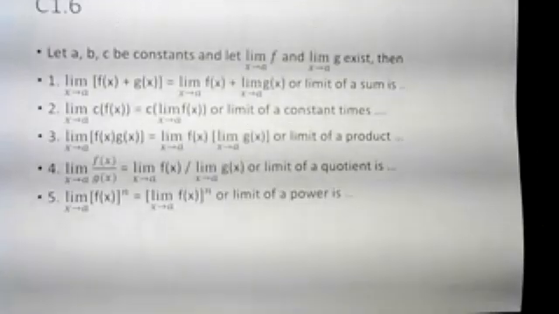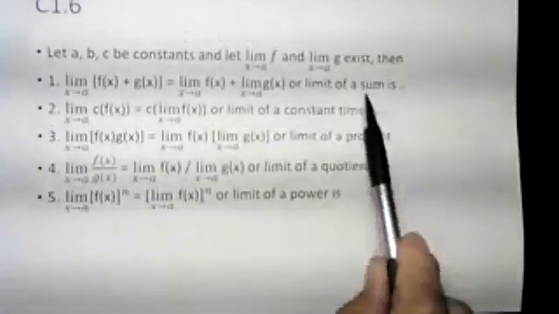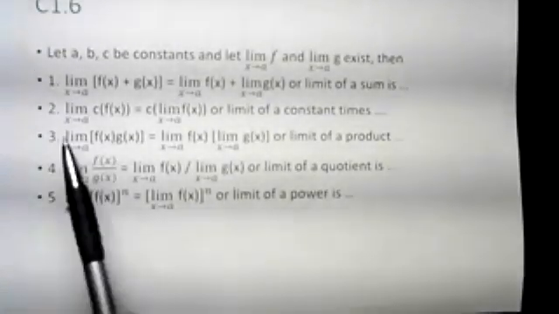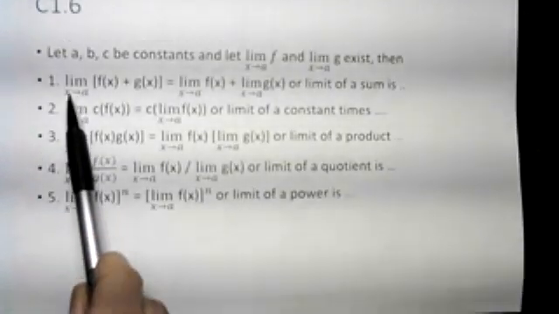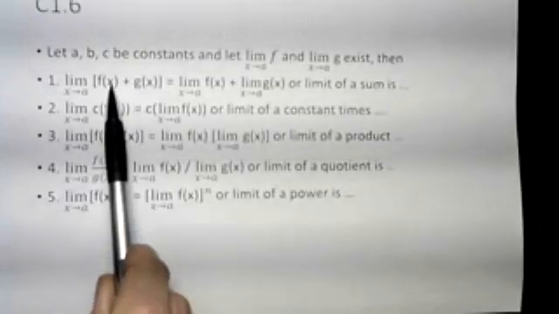But to be honest with you, I think it's probably better if you zero in on what we're about to talk about over here, okay? All right, so what is the limit of a sum? As you can see, I'm looking as x approaches a for the sum of these 2 functions, f of x plus g of x. What is the limit of a sum?